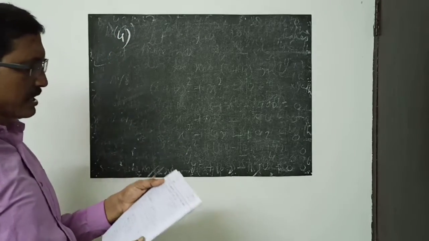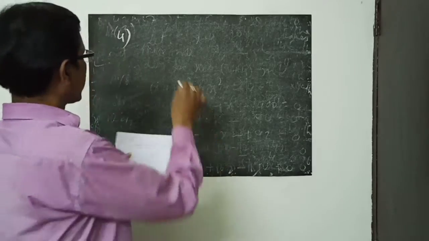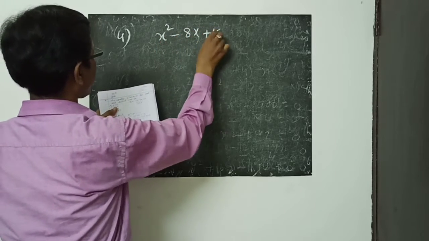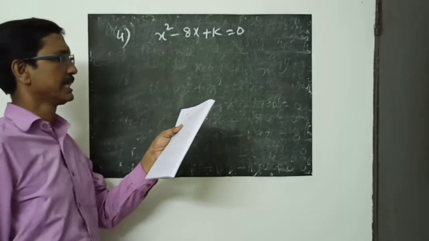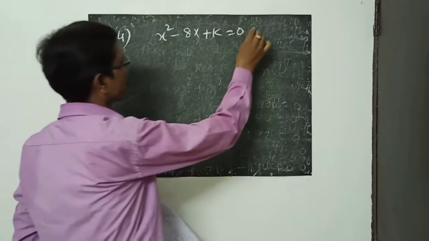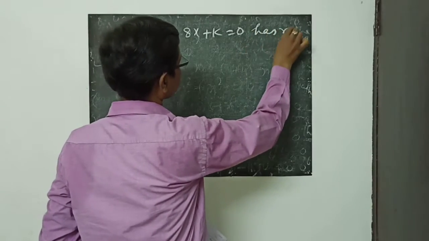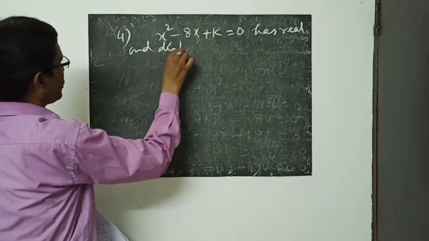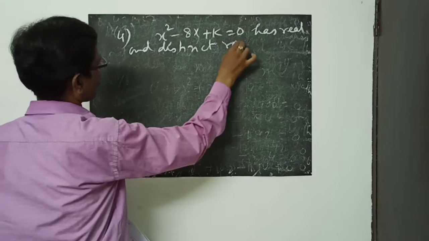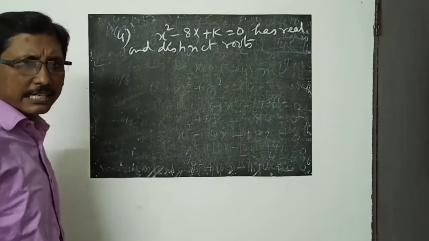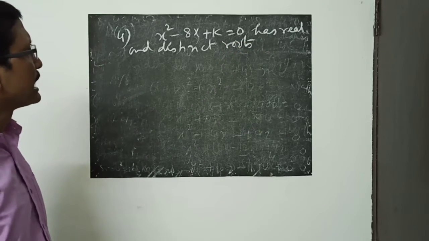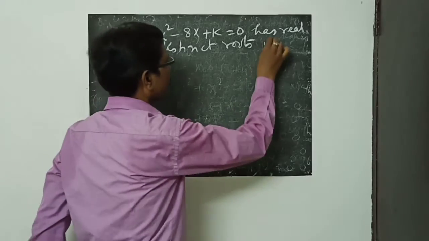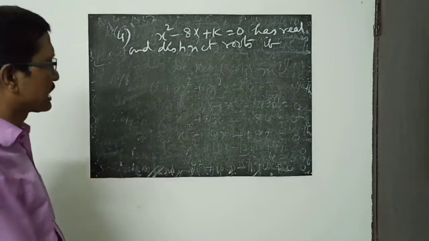The equation x square minus 8x plus k equal to 0 has real and distinct roots. That means it is the case of nature of the roots. Real and distinct roots if, that is a multiple choice question.